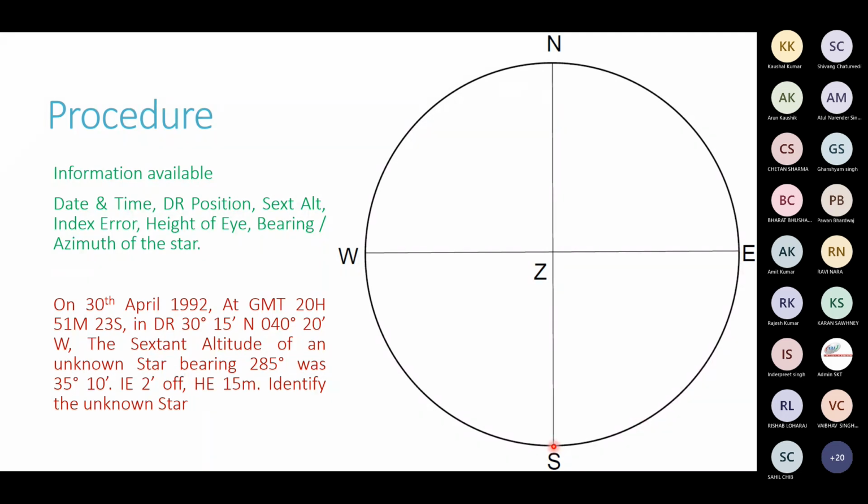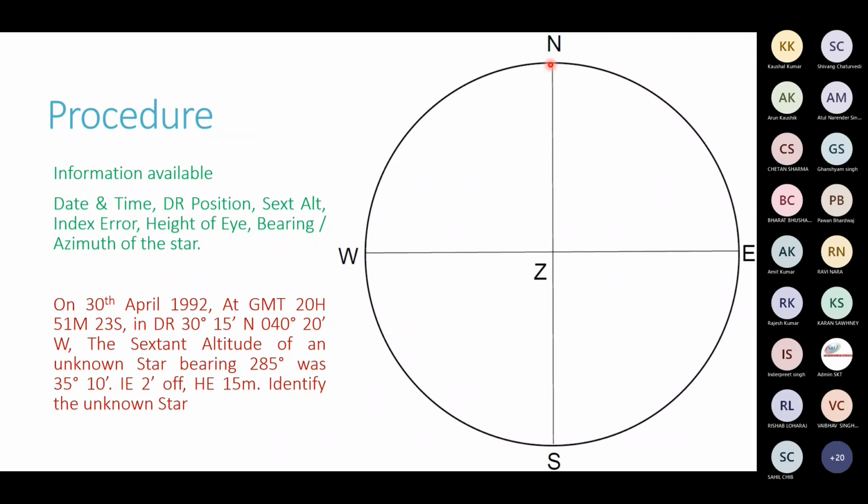Exactly opposite to north, you have the south point or 180 bearing, and 90 degrees to the left of north, you have the west point or 270 bearing. Coming back to north, it completes the 360 degrees of bearing or azimuth, which returns back to 000. So we have the rational horizon diagram.